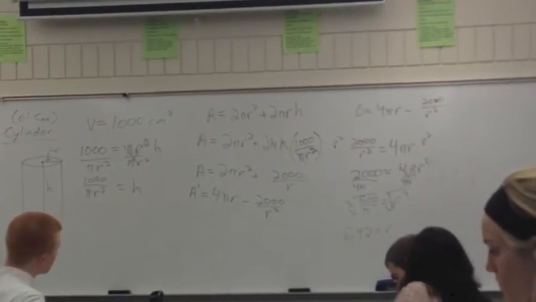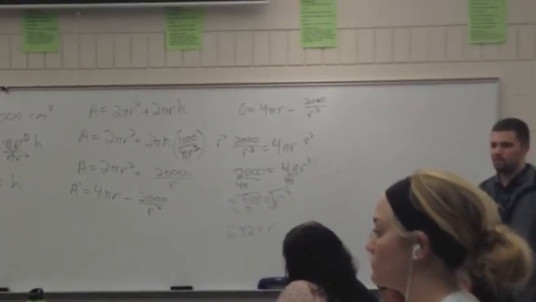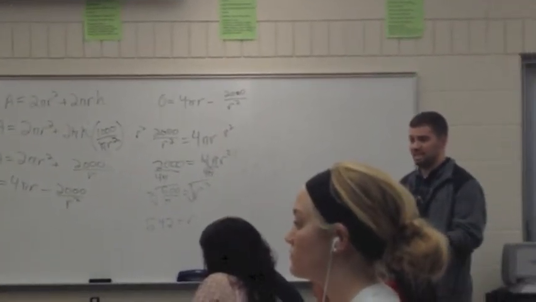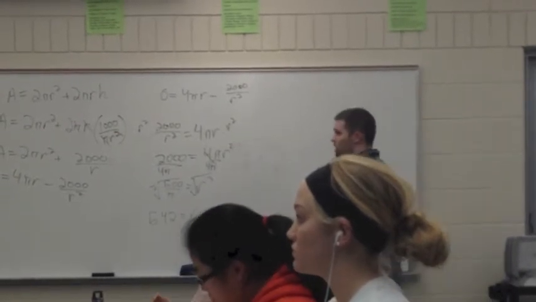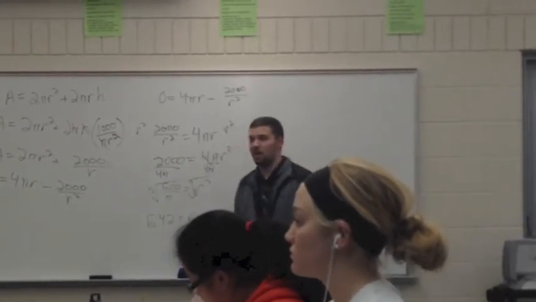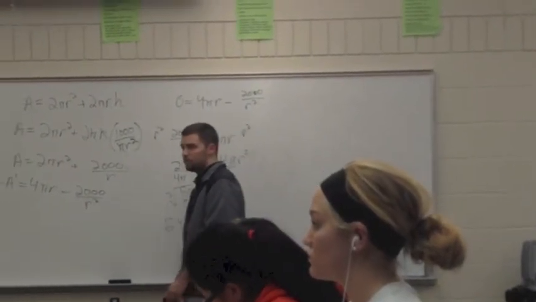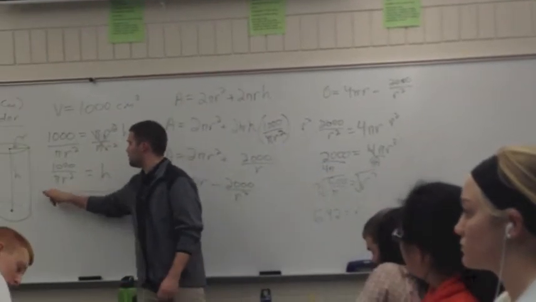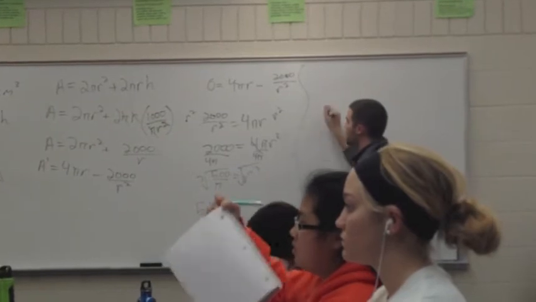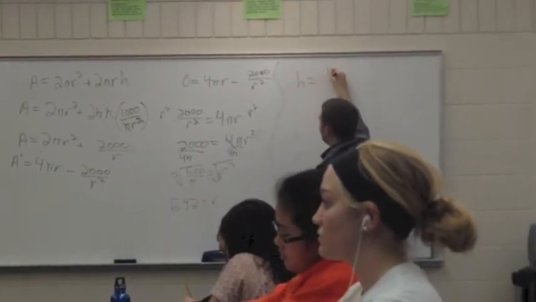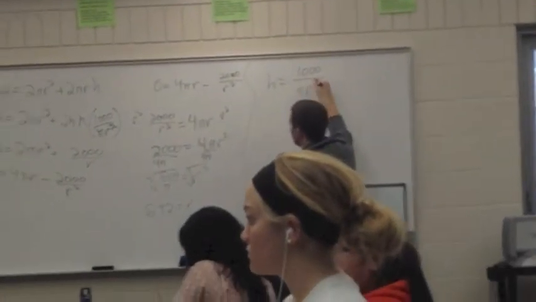What was the question asking? What dimensions will give us the least material, right? Well, the radius is certainly one dimension that I need. But what else am I going to need? The height, right? So how am I going to figure out the height? Right, this thing. Okay, so to find the height, I'm going to go h equals 1,000 divided by pi r squared.